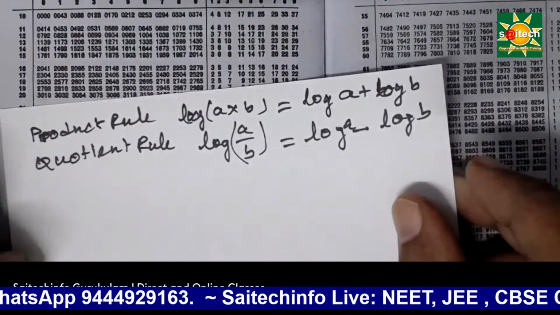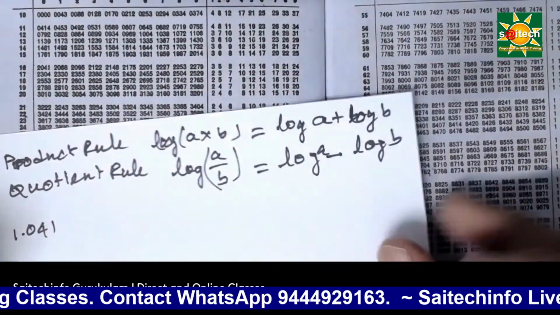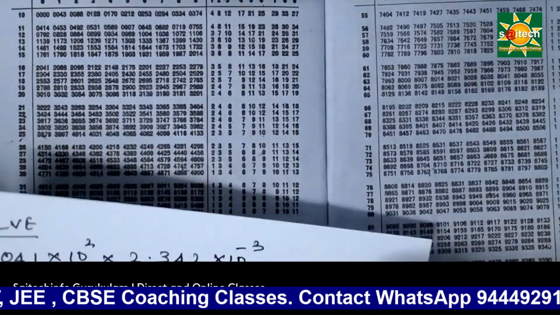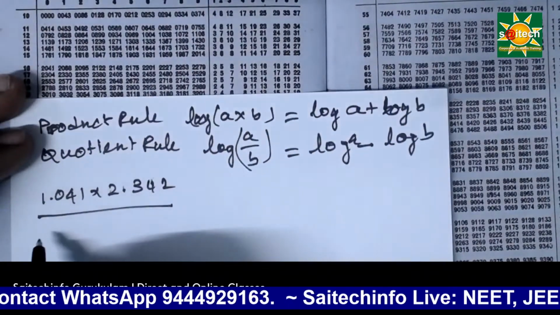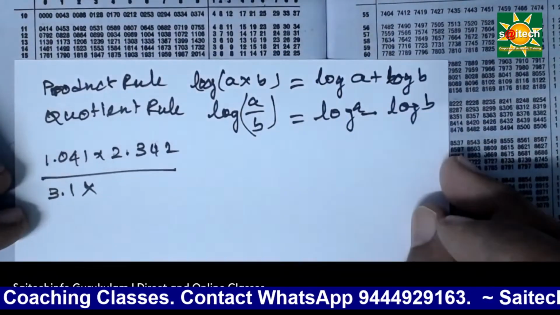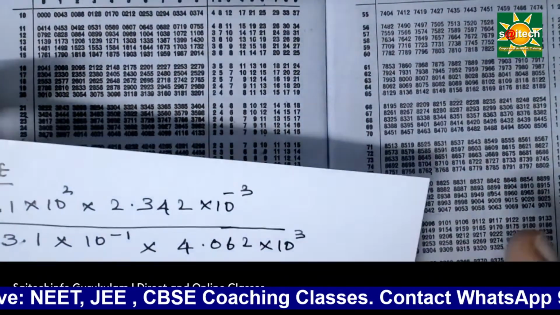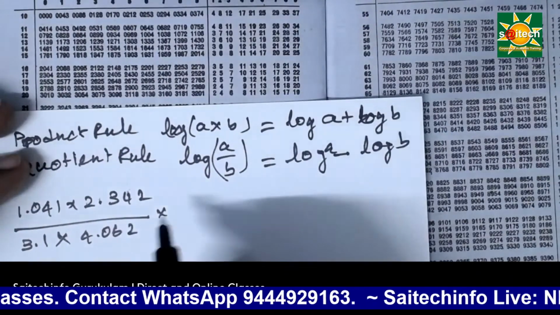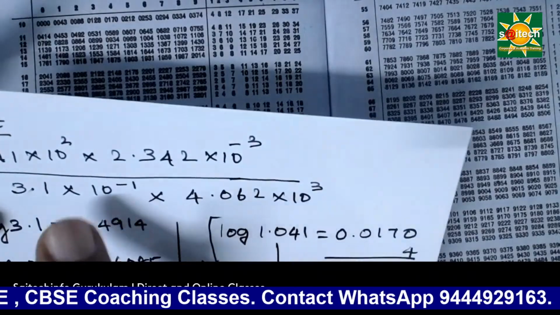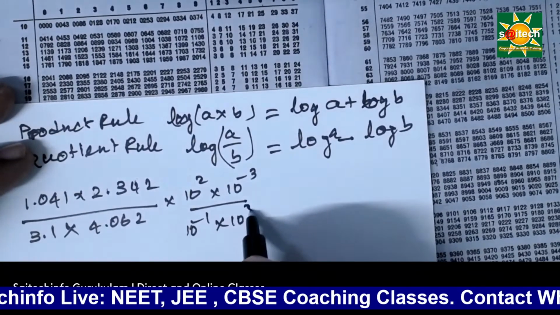So 1.041 into 2.342 divided by 3.1 into 4.062, and then the 10 power terms: 10 squared into 10 power minus 3, divided by 10 power minus 1 into 10 cube. Are you able to follow?